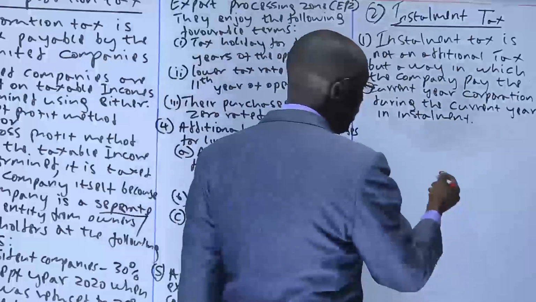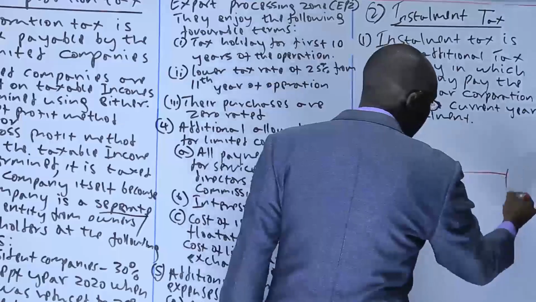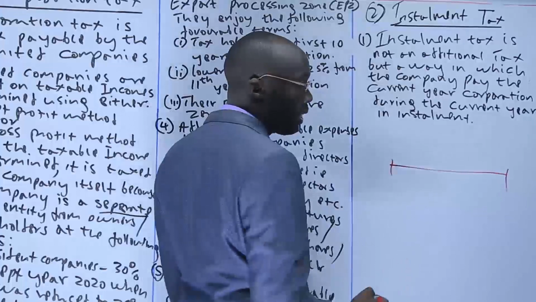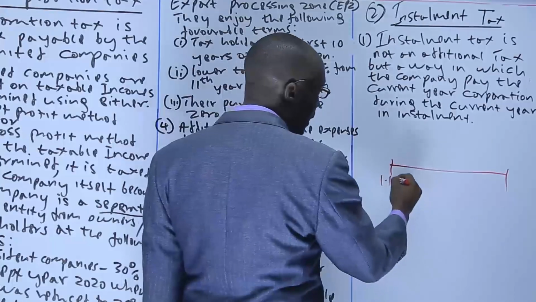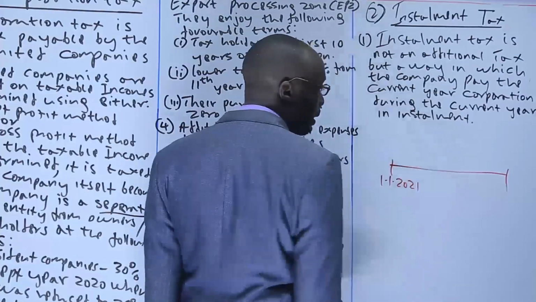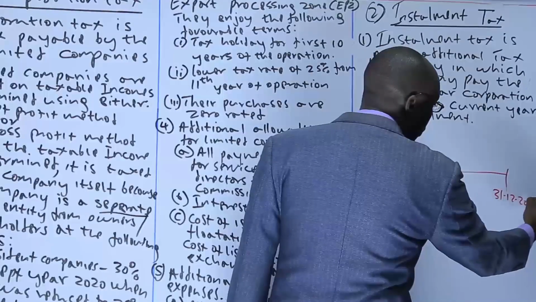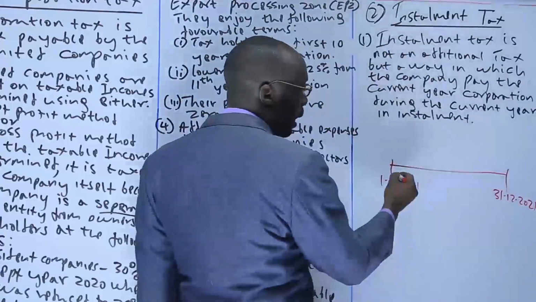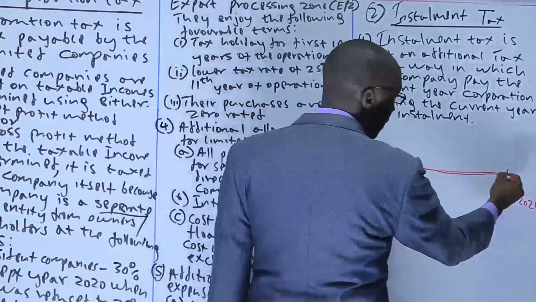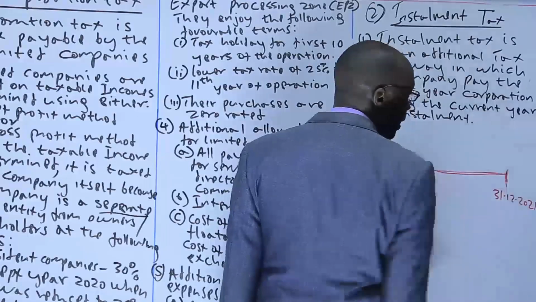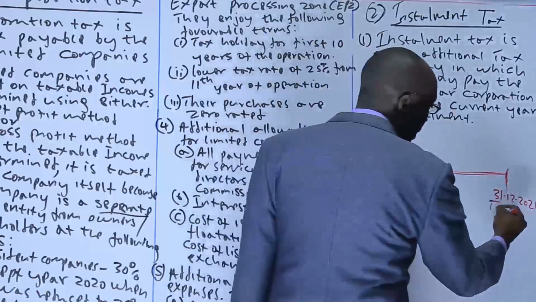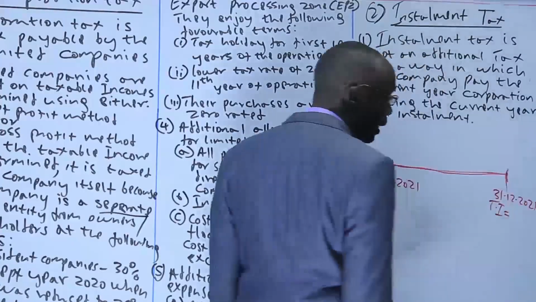You see, for a company which starts the year, for example, on 1st of January 2021, it means the year will end on 31st of December 2021. A company has to operate the whole of the year, get to the end of the year, and determine the taxable income of that particular year.